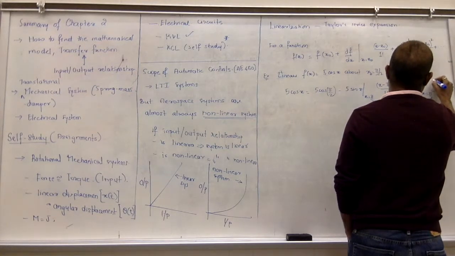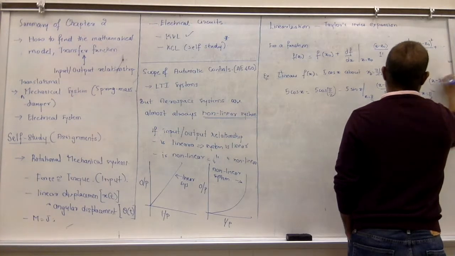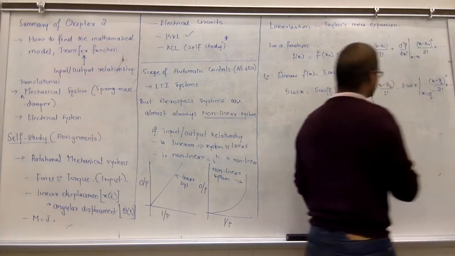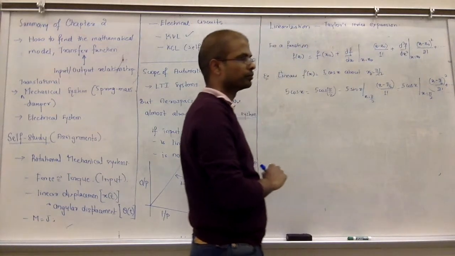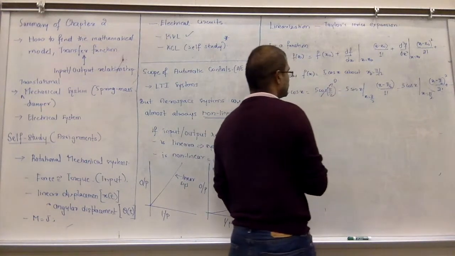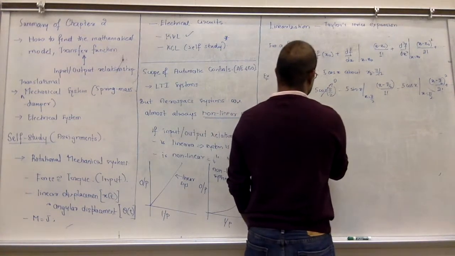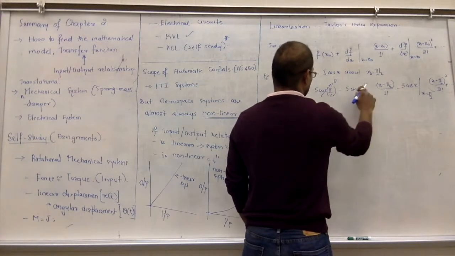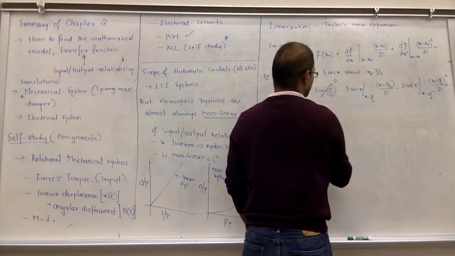Then you have x minus pi by 2 squared divided by 2 factorial plus the next term. If you evaluate, this goes to 0.